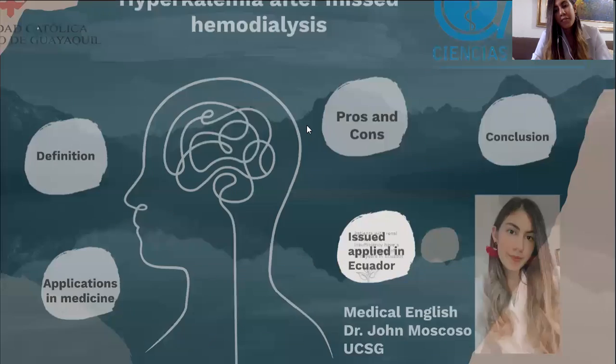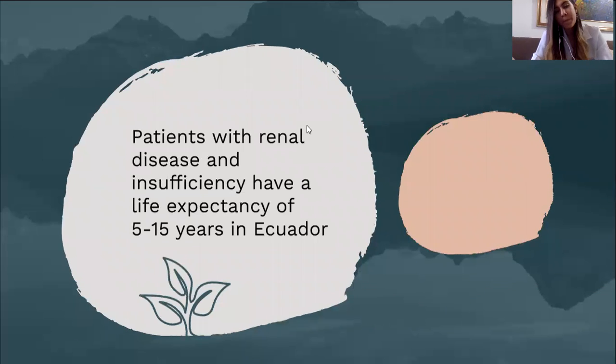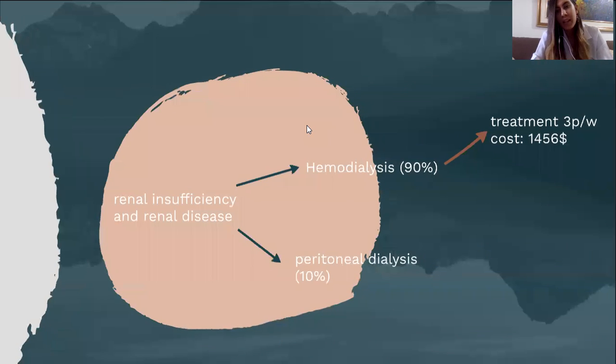Now we have the issue applied in Ecuador. In Ecuador, patients with renal disease and insufficiency have a life expectancy of 5 to 15 years. So a patient with renal insufficiency and renal disease has two options.